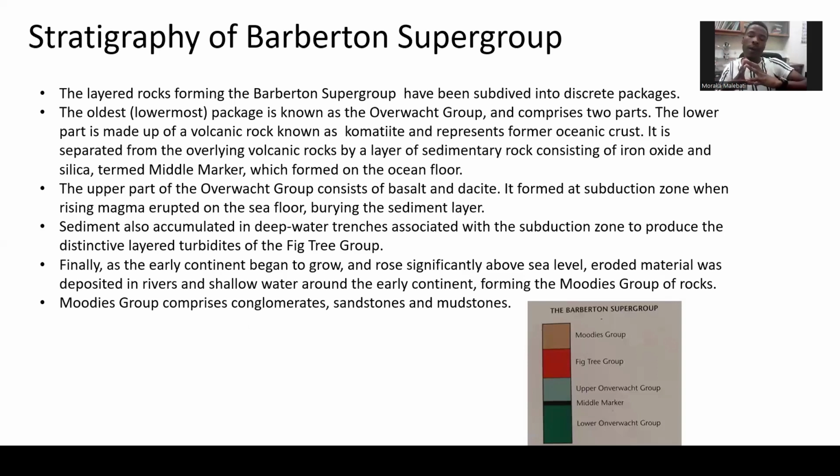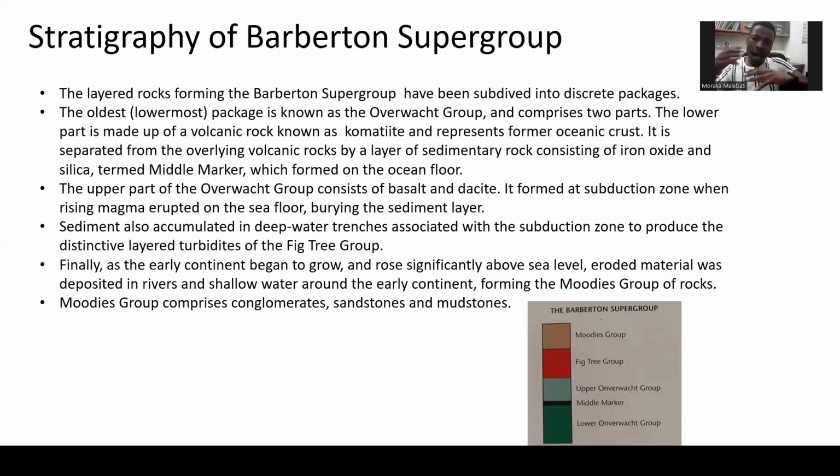We can think of pelagic sediments when we think of metal marker. That is to say, it's rich in silica, basically the sediments, silica and iron oxide. And then sediments also accumulated in deep water trenches.